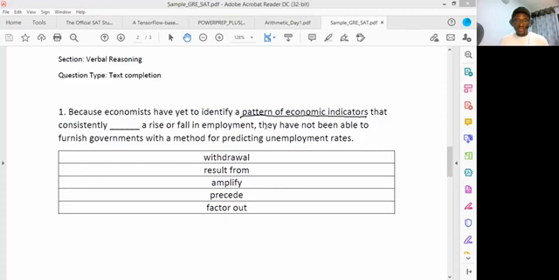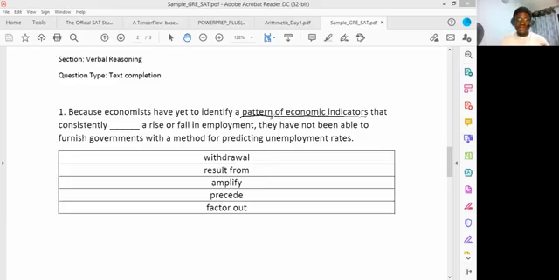Okay, had they been able to identify these patterns, then they would be able to furnish governments with a method for predicting unemployment rates. But now, this pattern must come before a rise or fall in employment, or must be identified before the rise or fall in unemployment, so that they can deduce from this pattern a method for predicting unemployment rates.